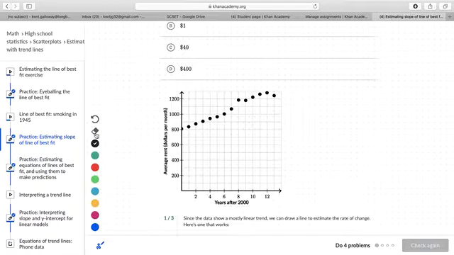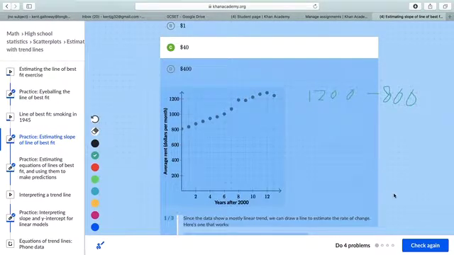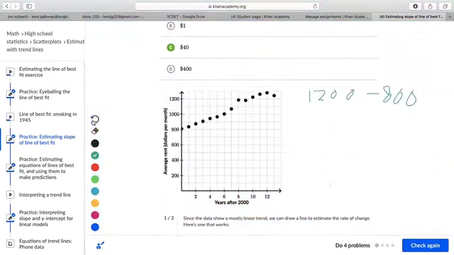So I'm going to use our slope formula. This is the slope formula: m equals y sub 2 minus y sub 1 over x sub 2 minus x sub 1.